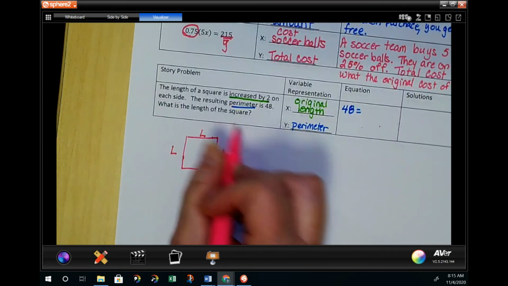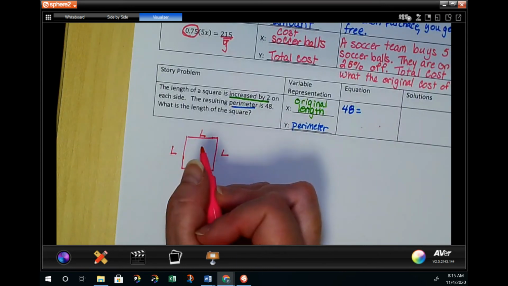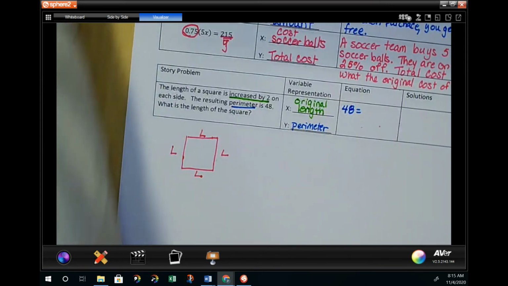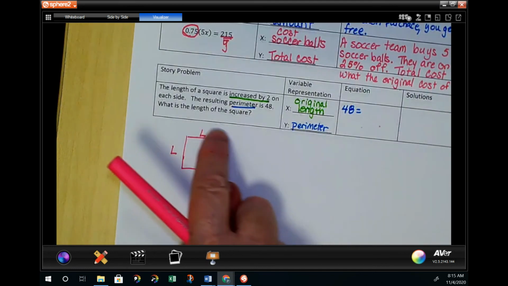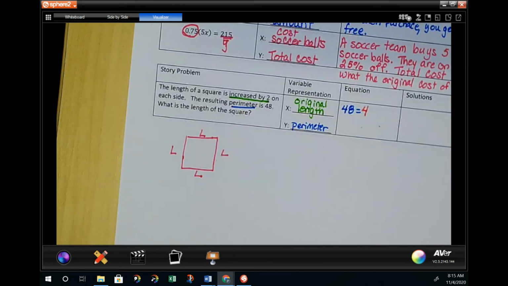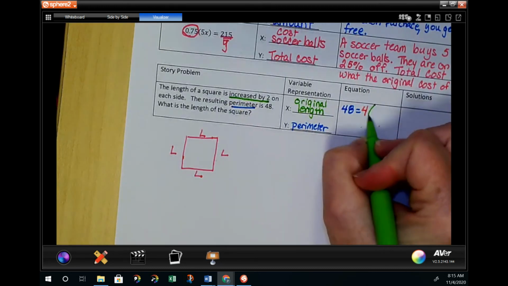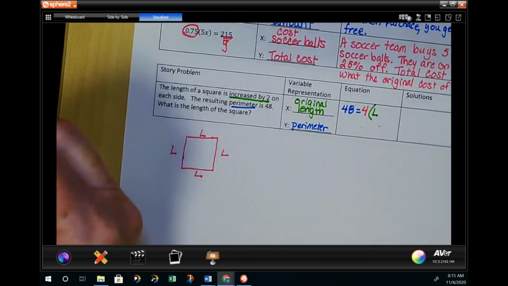When you find the perimeter, you're just going to go around the square. So 48, this is going to be 4 because there's a total of 4. Then you're going to have your original length, and then you added 2 to that to get your new length.